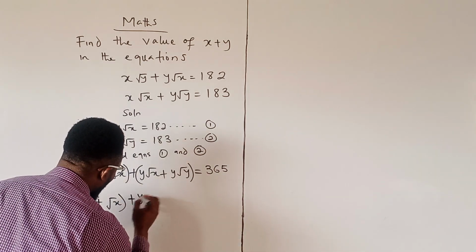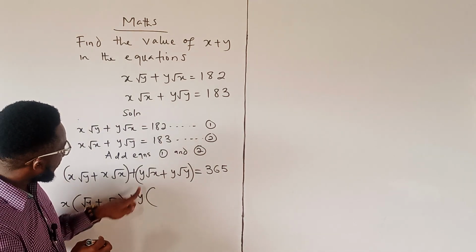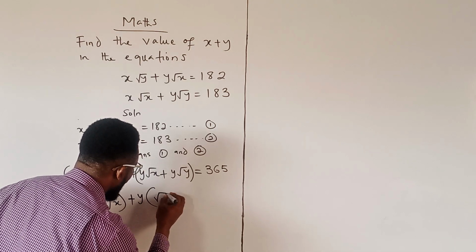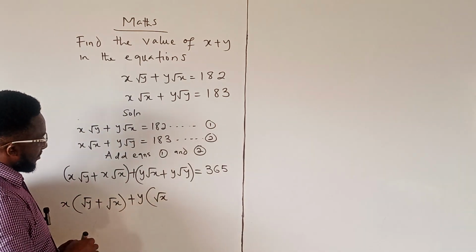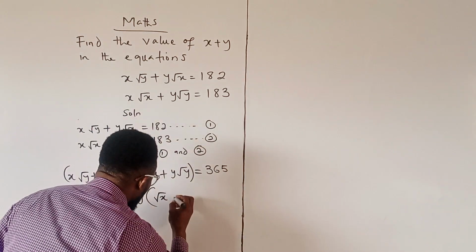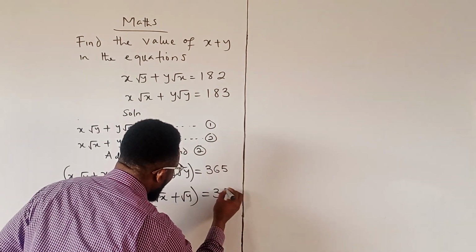Here I will factor out y. And I will use y to divide y rad x, which gives us rad x. Similarly, I will use y to divide y rad y. Rad y is left. Everything equal to 365.